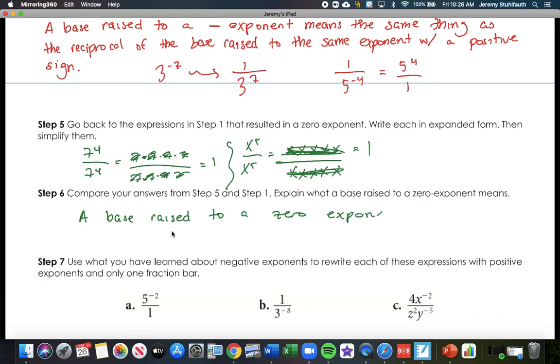A base raised to a 0 exponent is always equal to 1. And I went ahead and abbreviated the word equal with an equal sign.